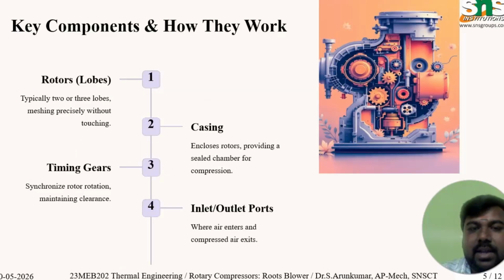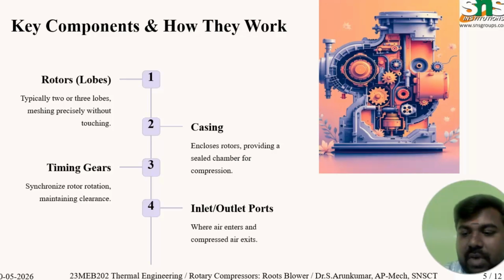Some of the key concepts of how the roots blower works: first, rotors, that is, lobes. It is typically 2 or 3 lobes meshing precisely without touching. The second one is the casing. It encloses the rotors and provides a sealed chamber for compression. Then the timing gears synchronize the rotor rotations as well as maintain the clearance.